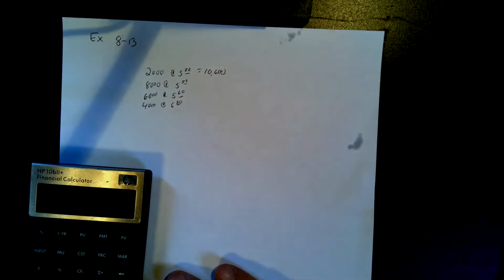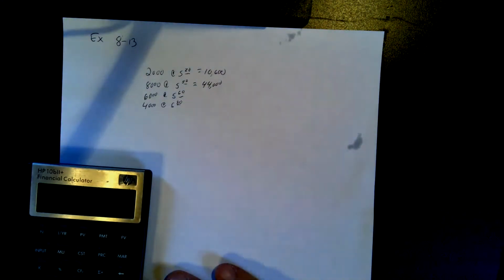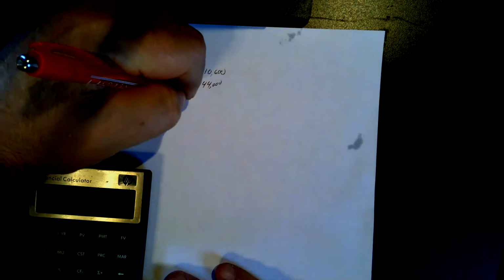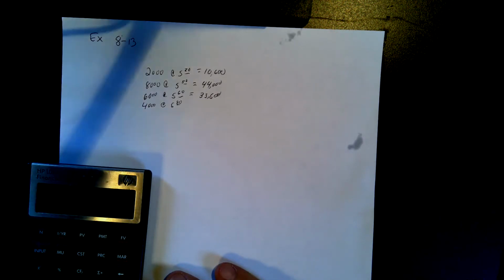So 2,000 times 5.30 equals 10,600. 8,000 times 5.5 equals 44,000. 6,000 times 5.6 is 33,600, and 4,000 times 5.8 is 23,200.